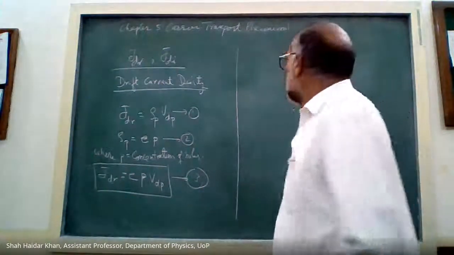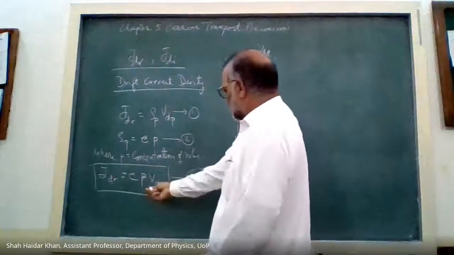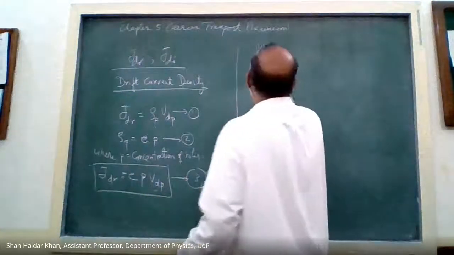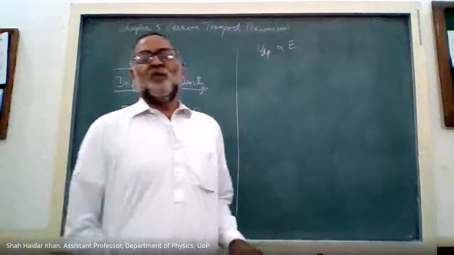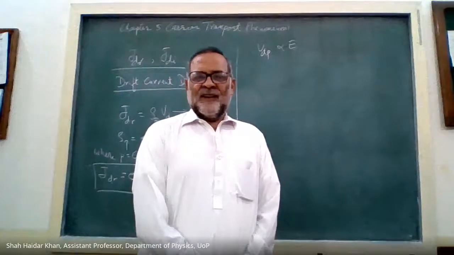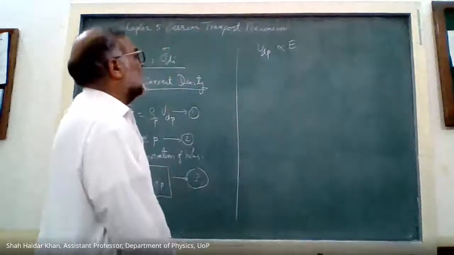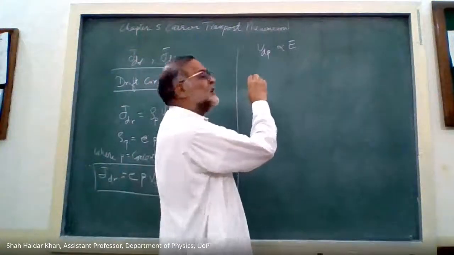We can say that the drift velocity of holes is proportional to the electric field. And the greater the electric field, usually the greater the velocity, right? So we can remove this proportionality by introducing a constant, right?